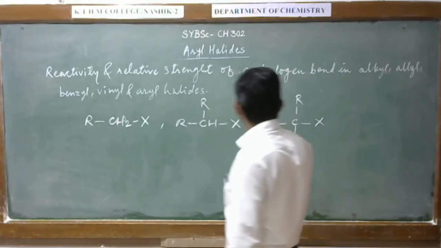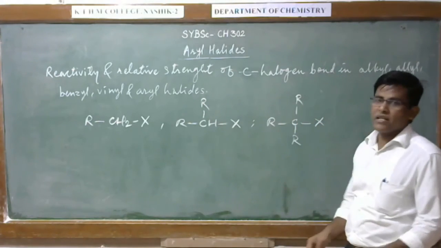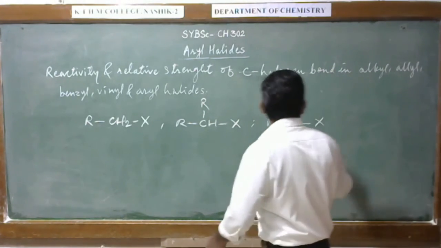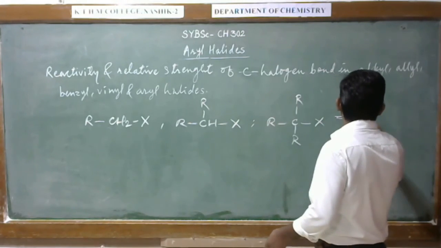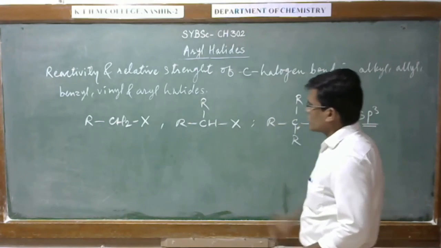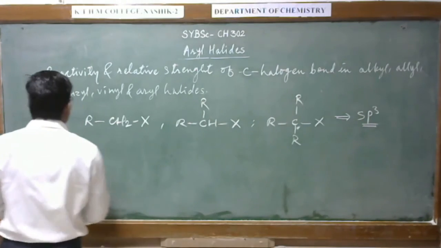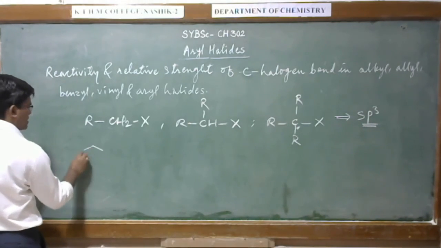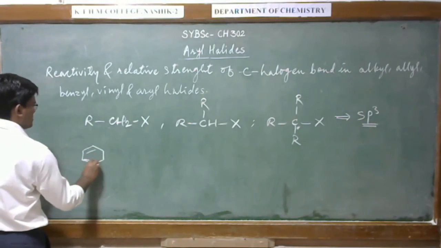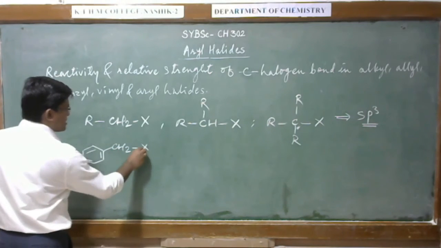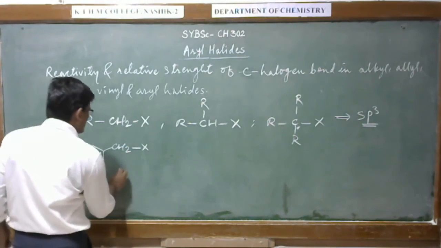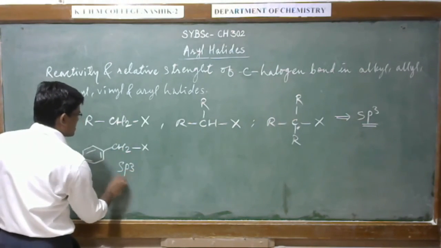In this, halogen is attached to the sp3 hybridized carbon. So in benzyl halide as well, in this case also this is sp3 hybridized carbon.